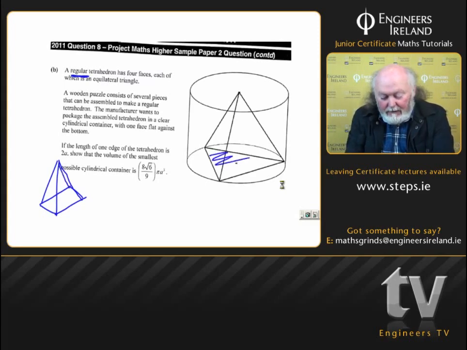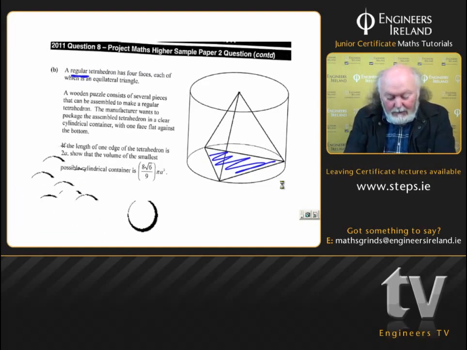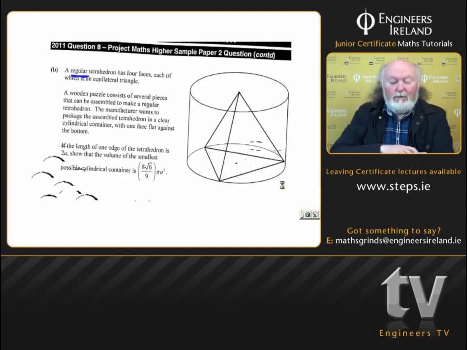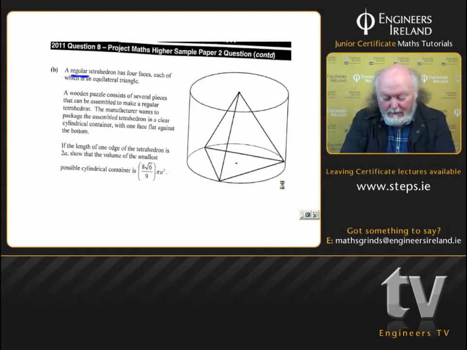This guy has got a triangular base, so that is a tetrahedron. But what does the word regular mean? Regular is another word for, I suppose, the classical balanced or symmetric shape.